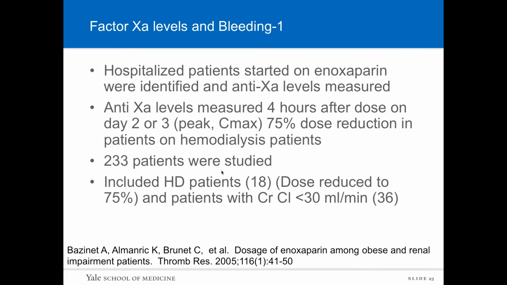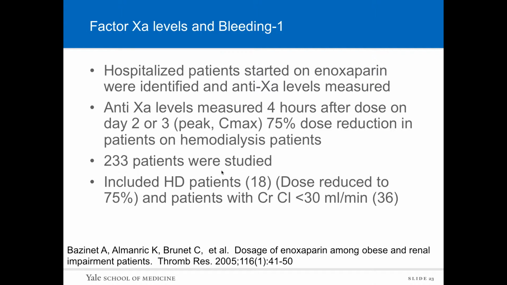So it's only natural to look for a therapeutic monitoring parameter for low molecular weight heparins. The next 2 studies that I'll present have looked at factor Xa levels and bleeding in CKD patients. This first study is from hospitalized patients who were started on enoxaparin. Anti-Xa levels were measured in all of them. They included 233 patients.